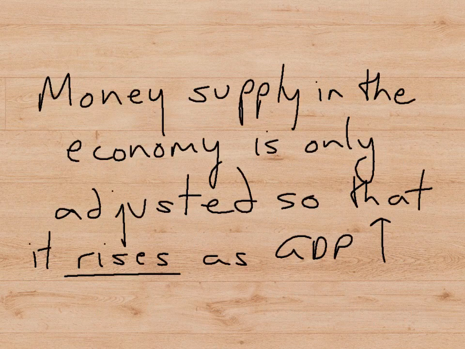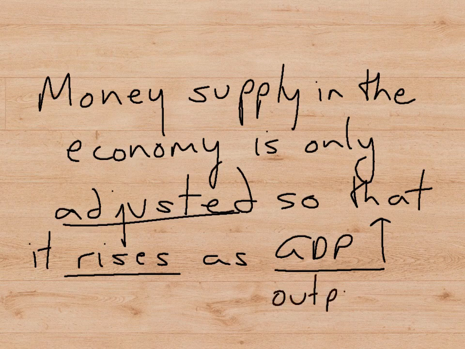So money supply in the economy is only adjusted to rise as GDP rises. We have to do this because as the GDP rises, the economy is producing more output. So we have to make sure that there is enough money in the economy to buy the output that we are producing. And this is what the central bank does.